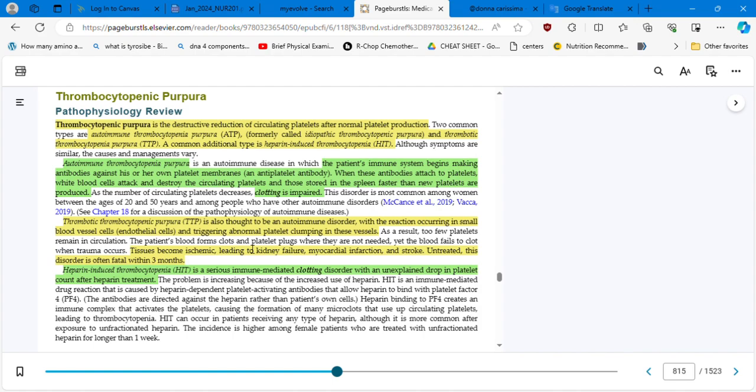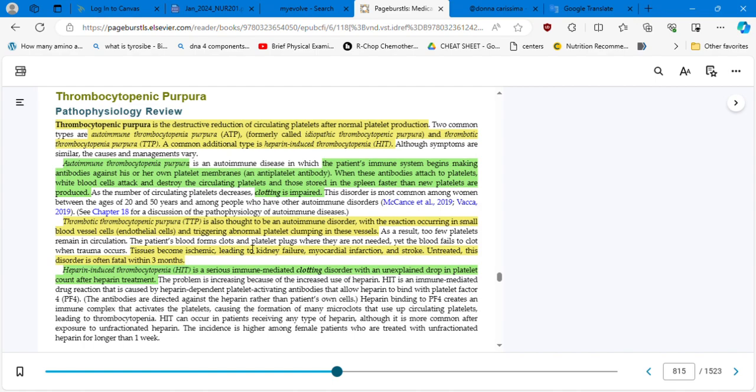In thrombotic thrombocytopenic purpura, TTP, which is also thought to be an autoimmune disorder, the reaction occurs in the small blood vessel endothelial cells, triggering abnormal platelet clumping in the vessels. So there is clumping in the vessels. In the autoimmune type, destruction is higher than production and clotting is impaired.